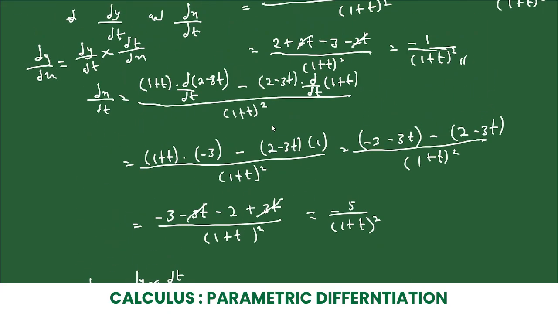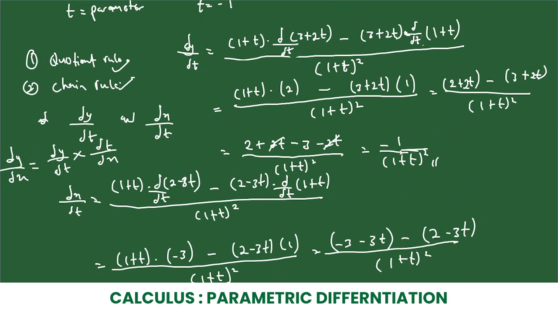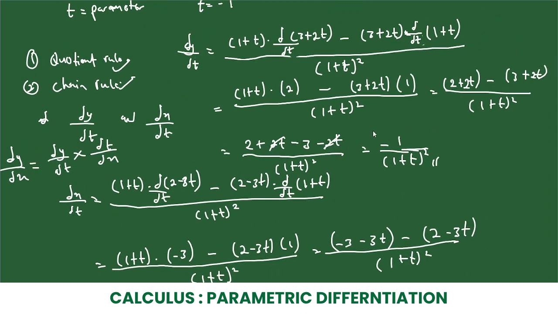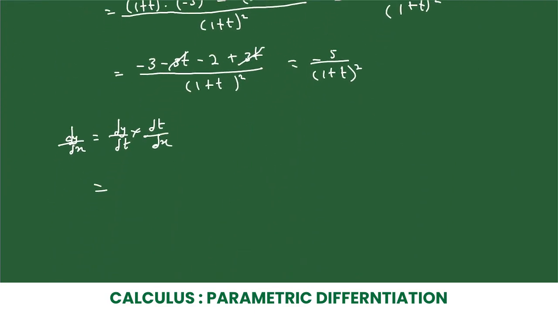What's our dy over dt? This is dy over dt. We had this, right? This is our answer for dy over dt. So minus 1 over 1 plus t squared, right? So this is multiplying the dt over dx.